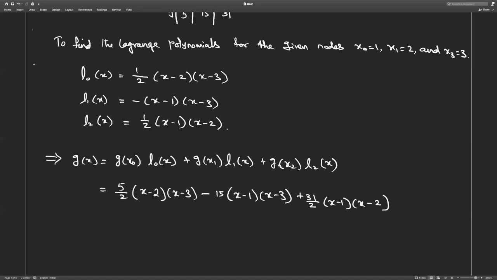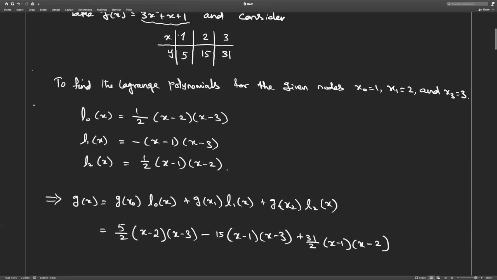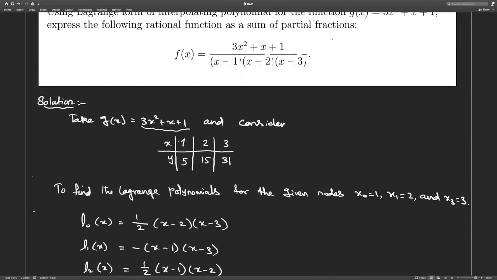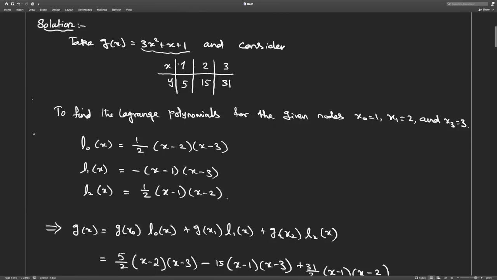Now, you just put this g in the numerator because we have taken g to be this polynomial, right? Therefore, you put the Lagrange form for the polynomial g in the numerator.